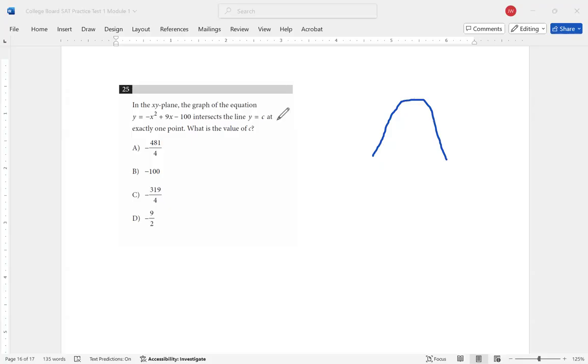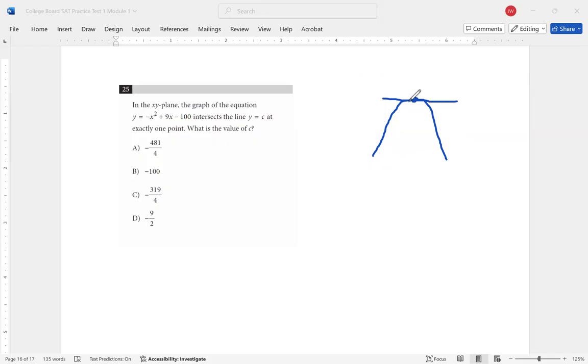And then the only time that a horizontal line intersects the parabola at exactly 1 point is when that horizontal line goes through the very top point of a parabola pointing down, or the bottom point of a parabola which is pointing up. Otherwise, if I have a line right here, it's going to go through 2 spots on the parabola. And if I have a horizontal line here, it's going to go through 0 spots on the parabola.